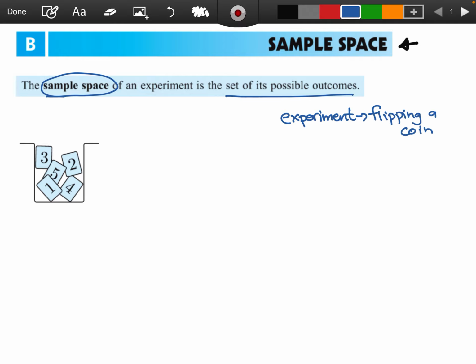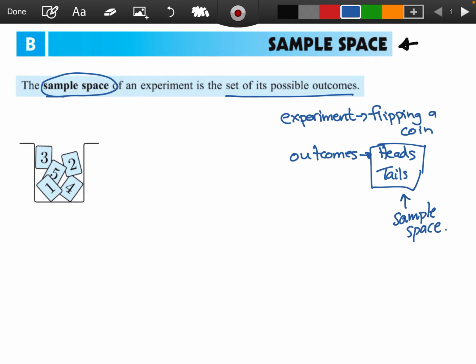If we flip a coin, the outcomes or the results of that experiment could be heads or tails. Those are the only two things that could take place when you flip a regular old everyday coin. This list is referred to as the sample space for that experiment.